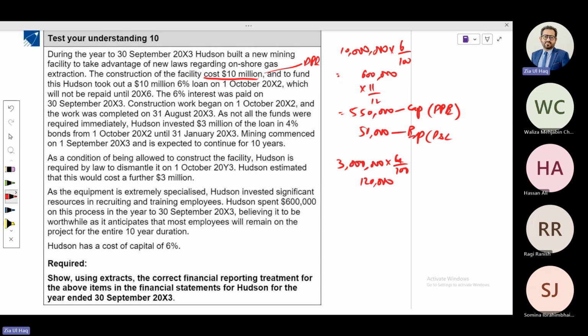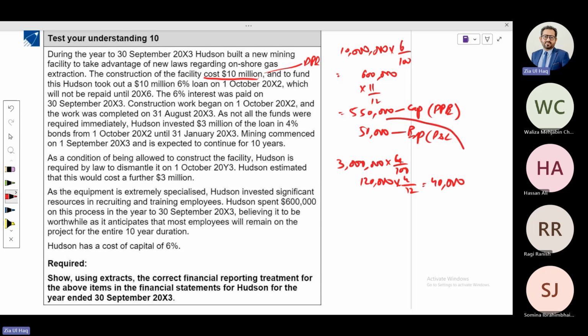And out of this, how much relates to the asset? 4 by 12. How many months? 4. 1st October till 31st January 20X3, meaning October, November, December, January, 4 months. How much is that? 40,000. 40,000 should be deducted from this amount. So not the complete 550,000.